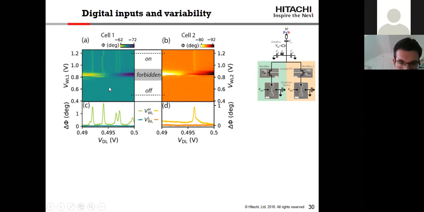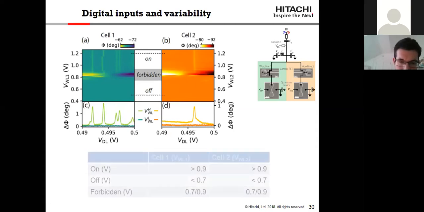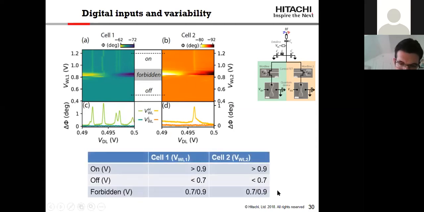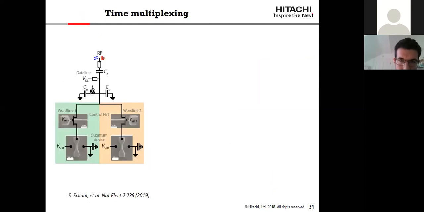Look at the similarity of these two plots, showing the low variability in the on and off regions that are going to be used for sensing the quantum devices. Good. This is a summary. We will be operating in the on state for word line voltages above 0.9 and the off state for voltages below 0.7.